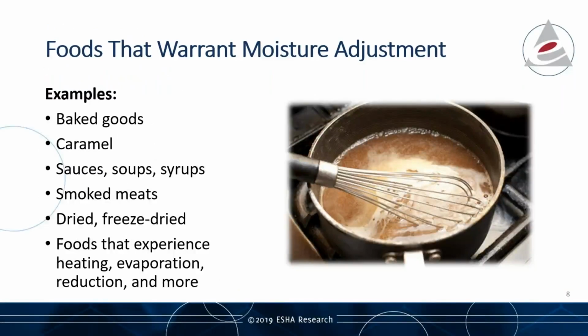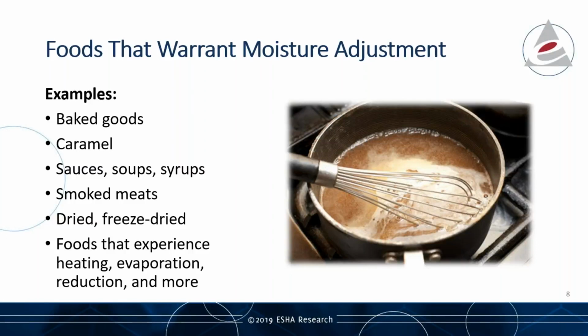What types of foods warrant a moisture adjustment? Some examples, and these are just a few, include baked goods, candies, think of caramel, that are cooked down and reduced, products that encounter boiling and reduction like syrups, sauces, soups, and other liquids, and products that encounter a drying process, like dried or freeze-dried foods, anything that's exposed to dry heat like smoked meats or smoked foods, again, where that moisture is being lost during processing.